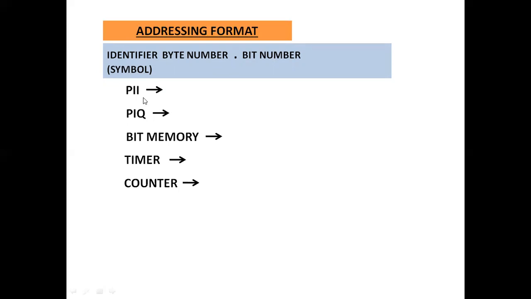For inputs we use I, for outputs we use Q, for bit memory it's M, for timer T, and for counter C. So for PII inputs, we use I as a symbol. For outputs, we use Q as a symbol. For bit memory, which is a temporary memory, we use M as a symbol, timer T, and counter C.